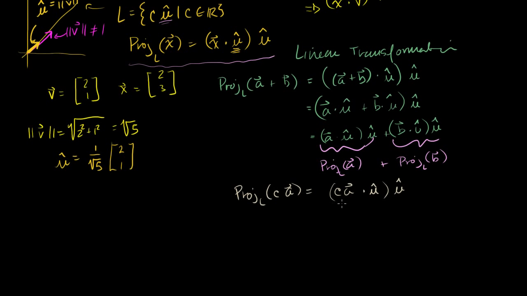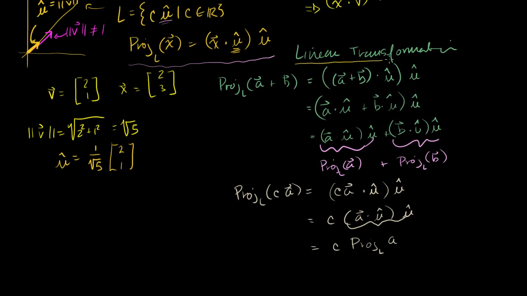This one's a little more straightforward because of the scalar multiple property we've seen in our dot product properties. This is equal to C times A dot u times the vector u, and this is just equal to C times the projection of A onto L. So we've met both of our conditions for a linear transformation.